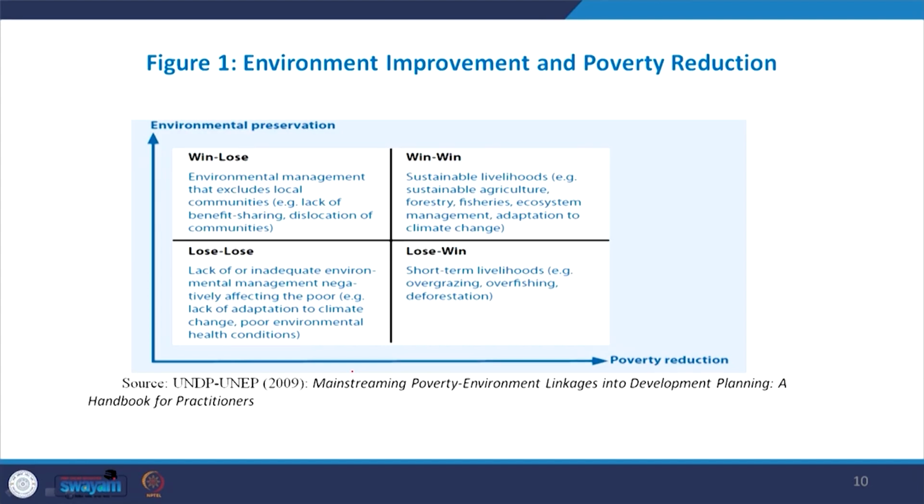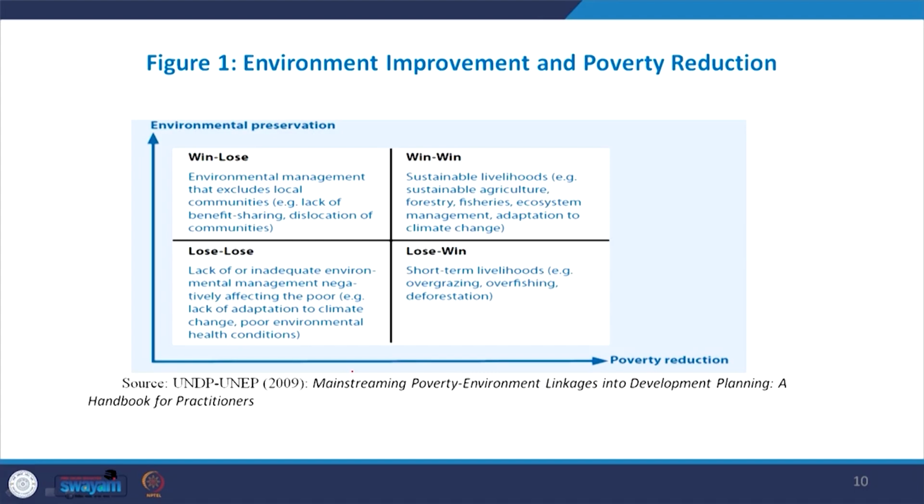Then in third, there may be lose-lose situation, that neither environmental condition will improve nor poverty will decline, and that occurs when there is a lack of or inadequate environmental management, negatively affecting the poor, lack of adaptation to climate change, poor environmental health condition, etc. So, due to all these things, neither environment will improve nor poverty will decline.